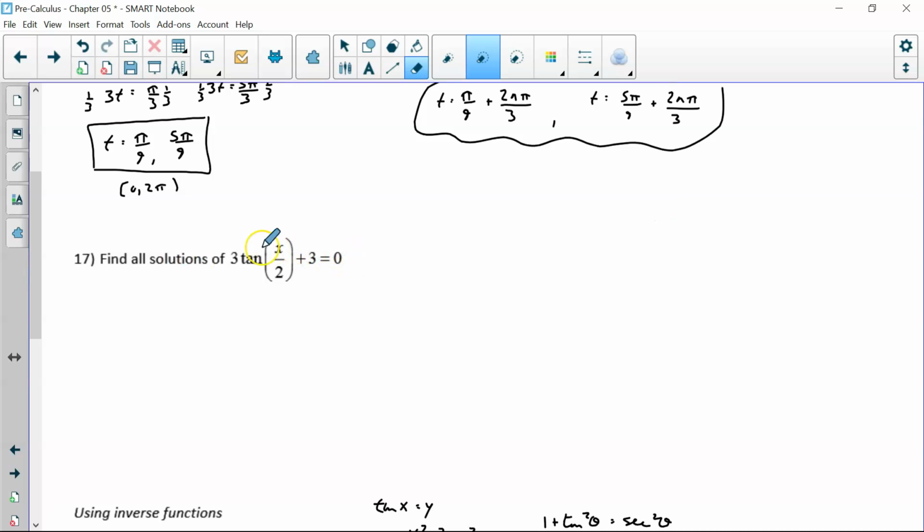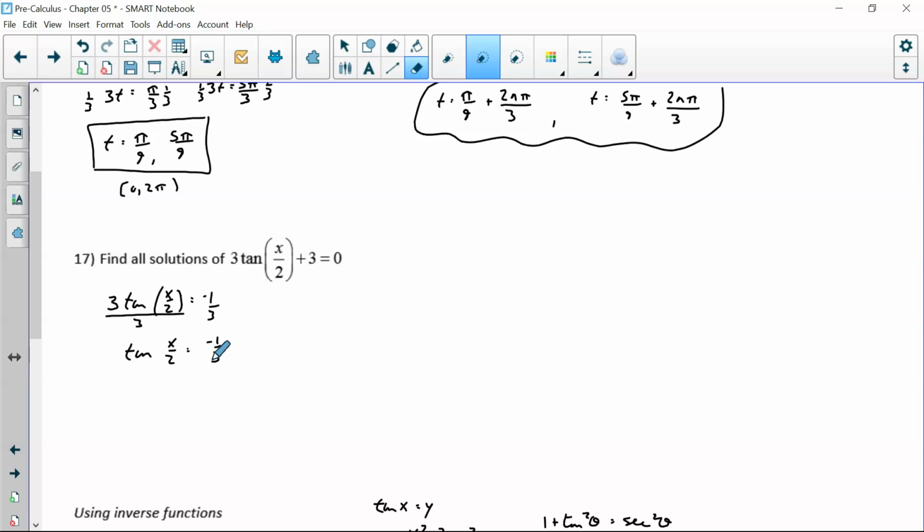So we're going to isolate, so subtract 3. So 3 tangent of x over 2 equals -3. Divide both sides by 3. The tangent of x over 2 equals -1.